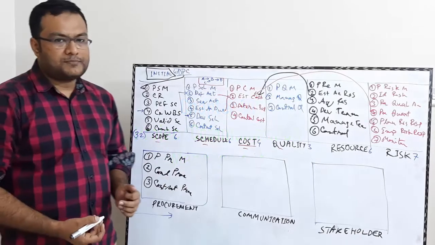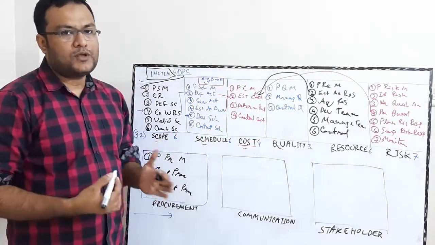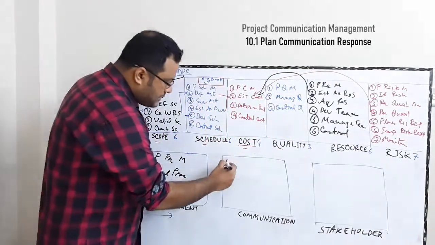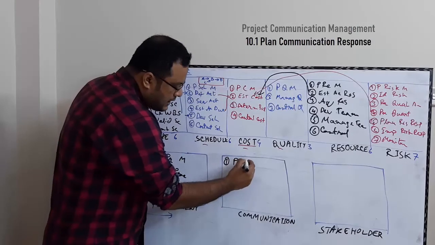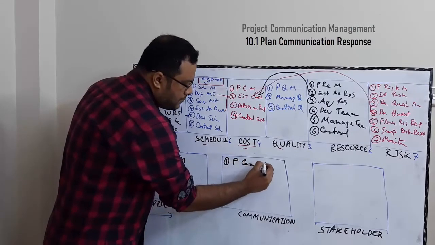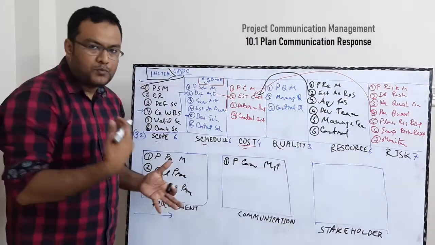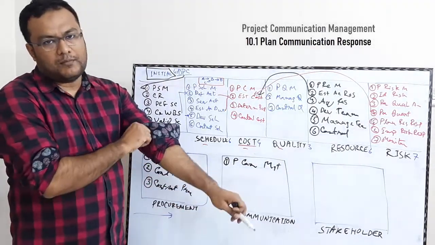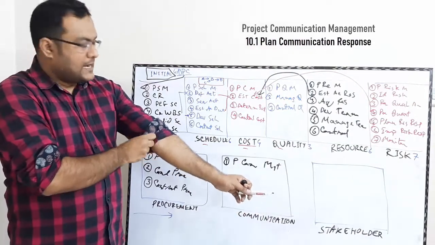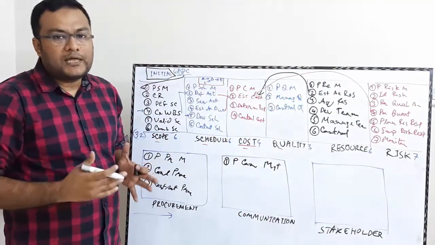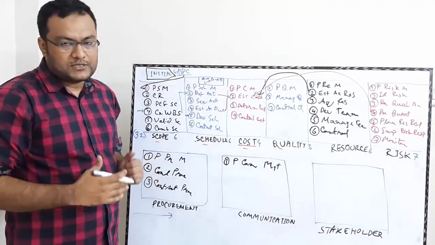Moving on to communication management. Again, you need to have a plan: what to communicate, when to communicate, and whom to communicate. Maybe you also need to know the frequency and the mode of communication for each stakeholder. That is defined in your plan communication management process.